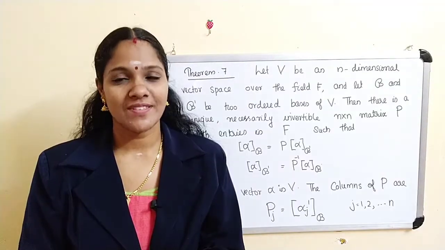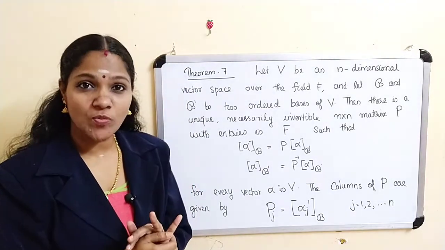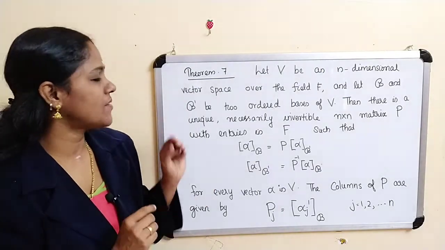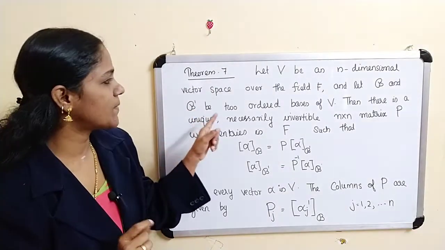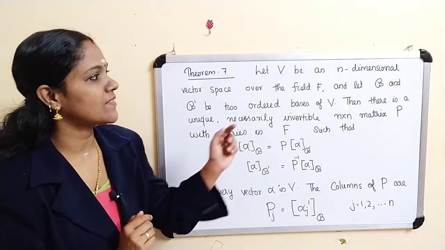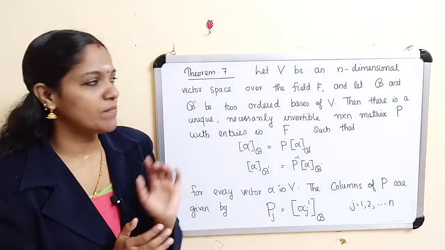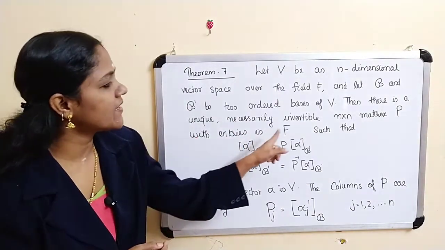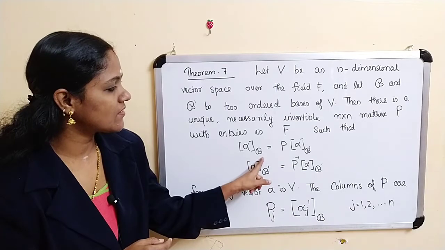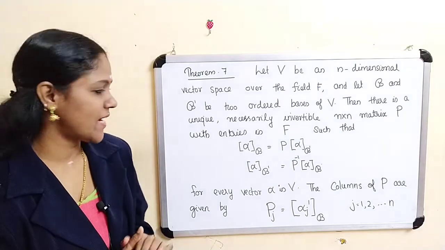Now, the statement of the theorem is, let V be an n-dimensional vector space over the field F, and let script B and script B dash be two ordered bases for V. Then the theorem says that there is a unique, necessarily invertible n by n matrix P with entries in F such that the matrix of alpha related to the basis B is equal to P into the matrix of alpha related to the basis B dash.